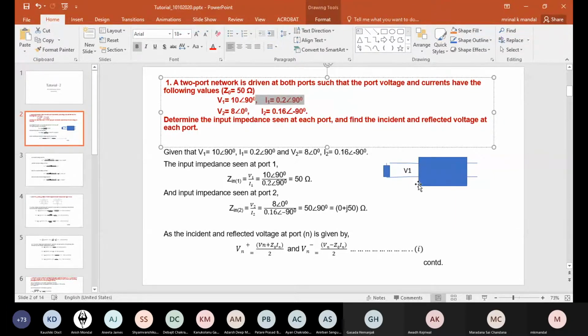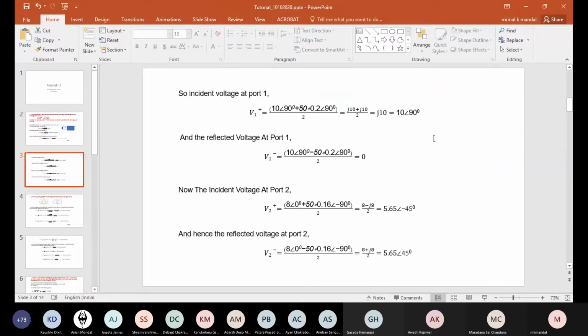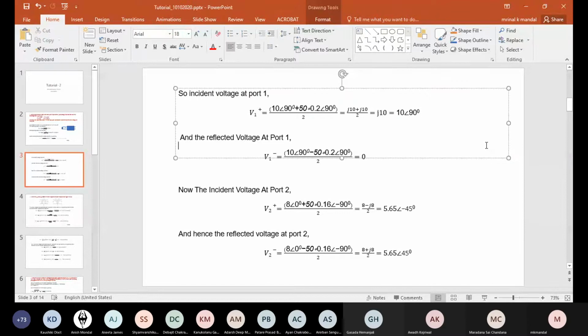And what about the reflected one? Then from V1 we need to subtract it, and that is coming out from the port, right to left. So we are using the concept of wave. So here you can see, for plus we are adding them, for minus we are subtracting.